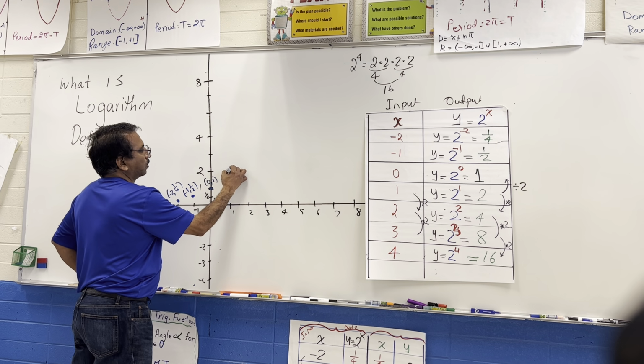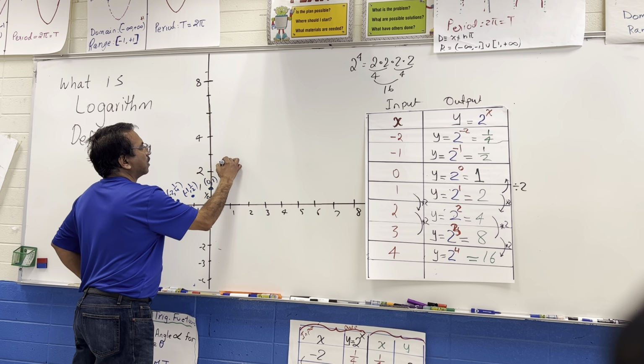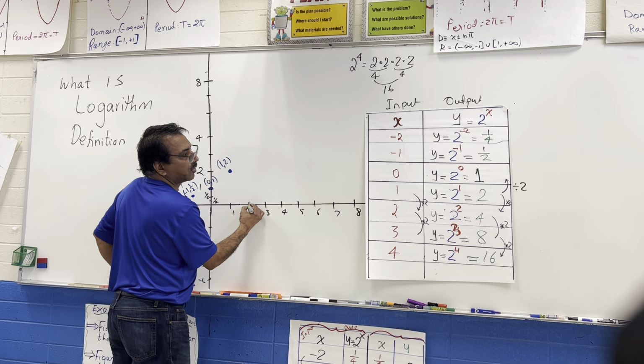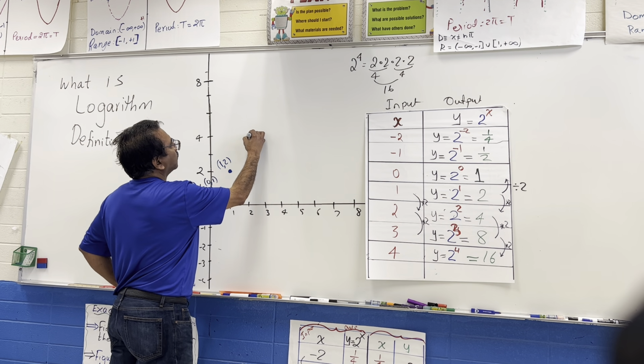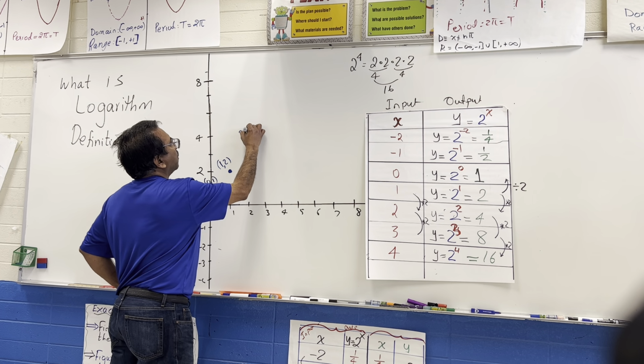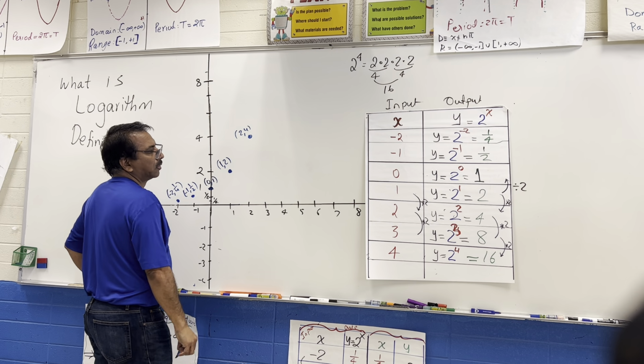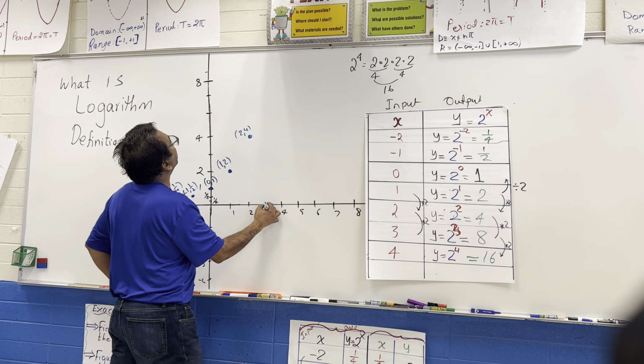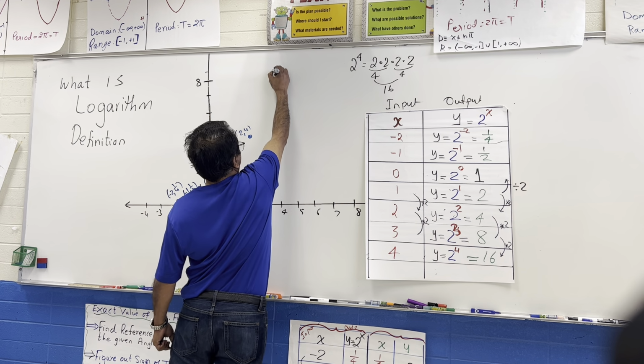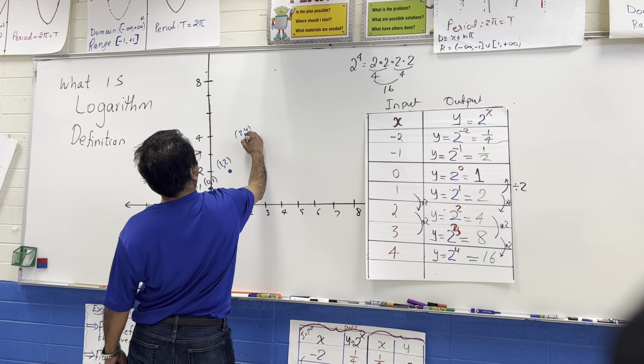1 is 2. Nobody's saying yes. Can I hear what is 2? 2 is 4. And 3 is 8. 8 is right here.